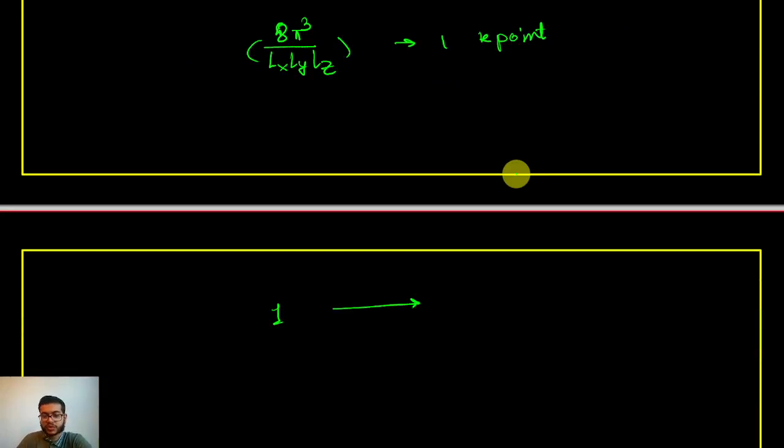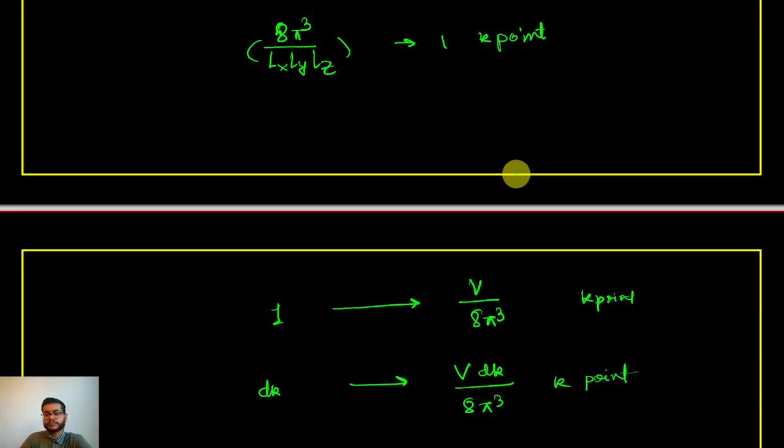One unit of volume will host V by 8 pi cube k points. So dk volume will host V dk by 8 pi cube k points. That is a very important result, because that will allow us to calculate other quantities later.